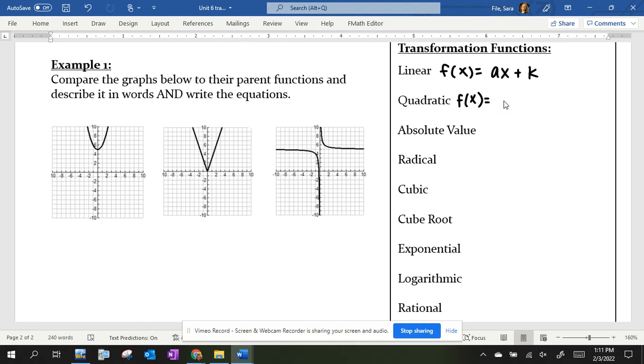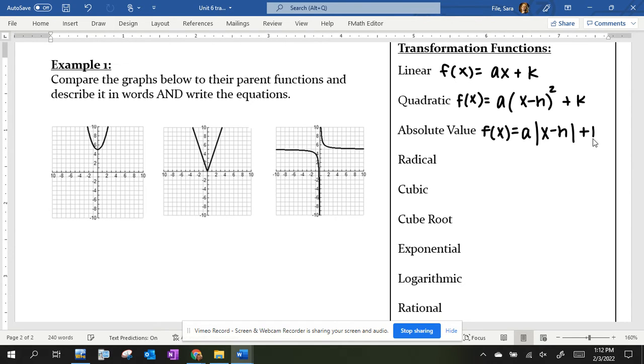Now the quadratic function, you'd start with a multiplied by, and then the inside of the function is the x minus h, and it's squared because that's what quadratic means, and then your plus k. Absolute value will look very similar, except instead of parentheses squared, it's absolute value. You'll have your absolute value bars, with x minus h inside, and then you'll have your plus k.